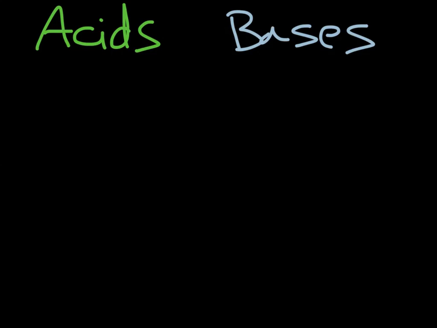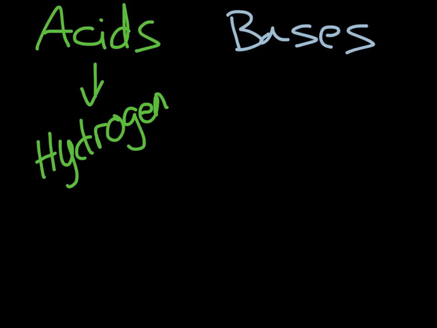At no time when they're outside of the water are they considered an acid and a base, only when they're dissolved in the water. Remember that acids are able to donate a hydrogen ion. So they are a hydrogen ion donor. That is, they have another proton and they are able to give that to another substance.